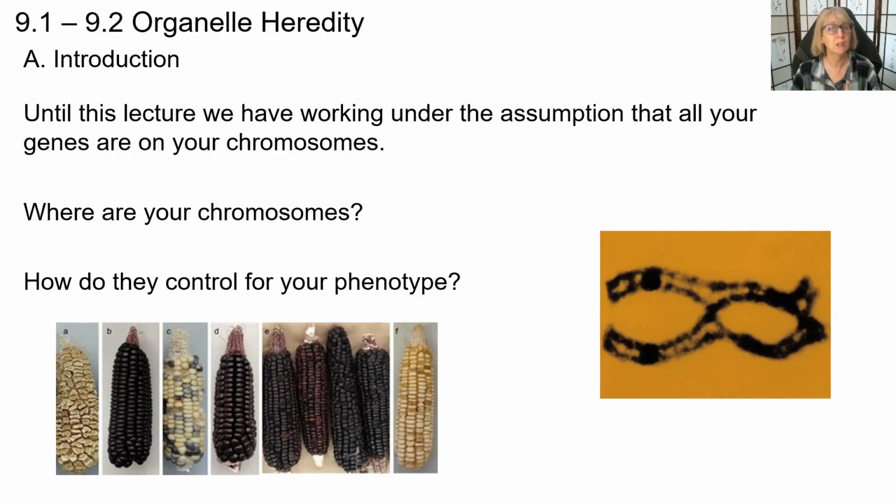We've kind of been working under the assumption so far that that's not important. We've been assuming that all of your chromosomes and all of your genetic material, including everything that controls your phenotype, what you actually express, is coming from your actual DNA inside your nucleus.